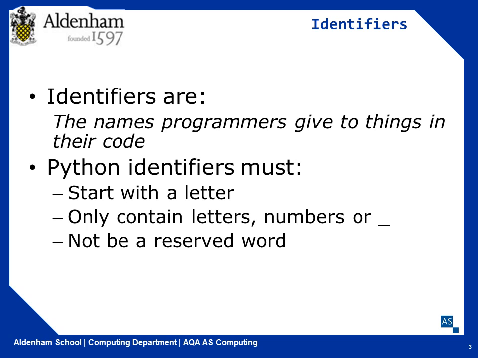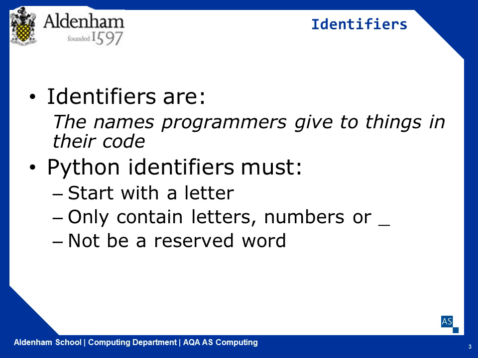Identifiers are the names that programmers give to things in their code, so it's not only variables that can have identifiers, also procedures and classes, so a range of structures that if a programmer creates it, then they'll need to name it. That name is an identifier, and when you choose an identifier, it must always start with a letter, in Python at least.